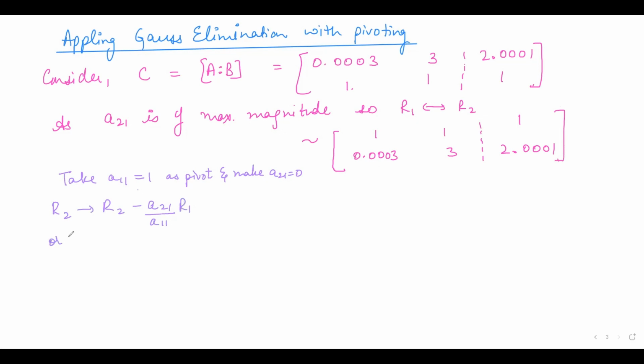So here I am getting R2 goes to R2 minus the multiple of R1. This is my elementary row operation. Now, when I apply this, what will I get? When we solve this, I'll be getting 3 minus 0.0003, that would be 2.9997. And this would be 1.9998.